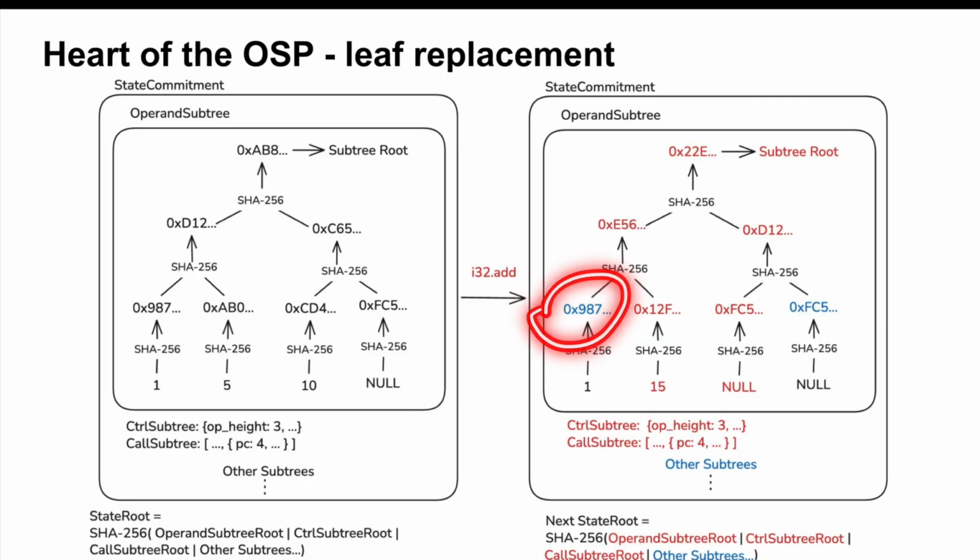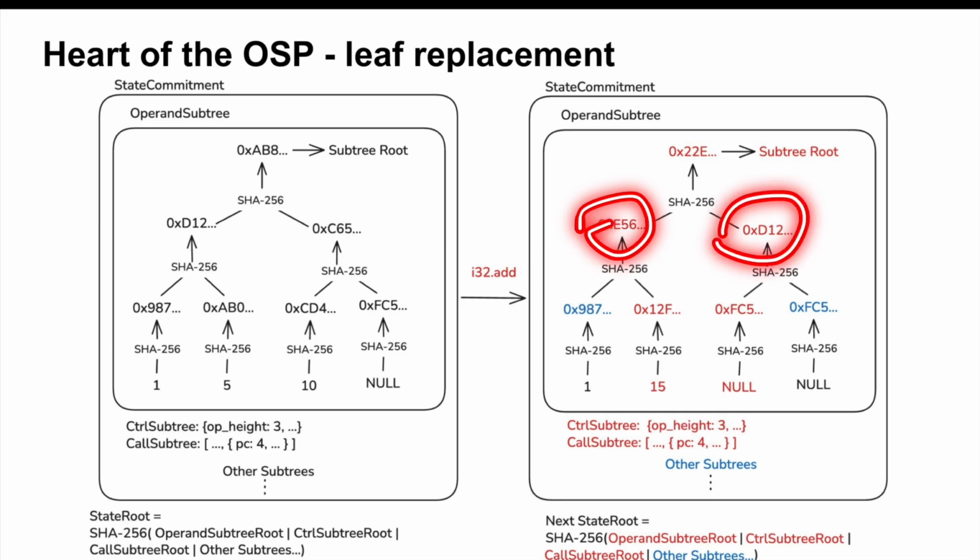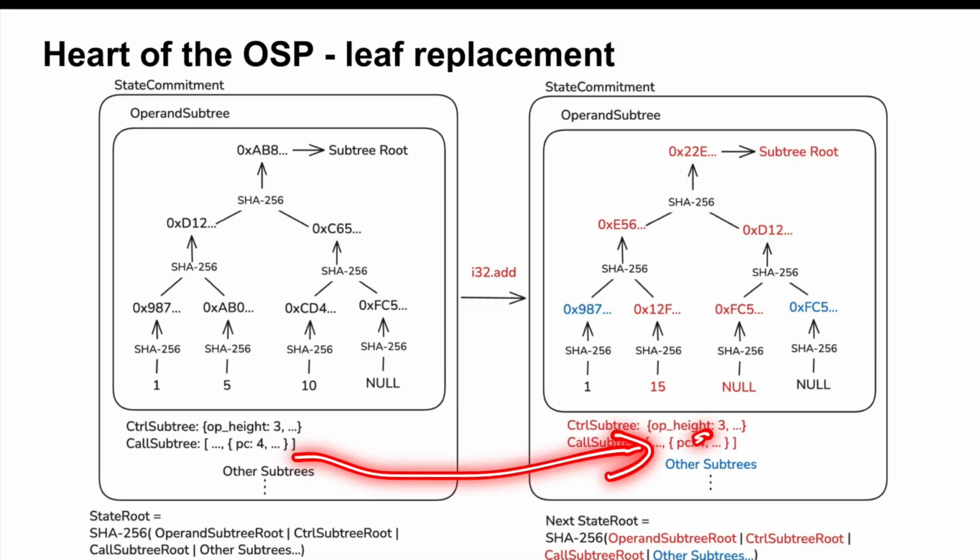So there are some places that are unchanged by this operation. These are the other roots that change, and the subtree root obviously changed. And for example, this PC is also incremented. This has to be 5 here, it's not 4. And in the end, the state root is a digestion of all the subtrees.